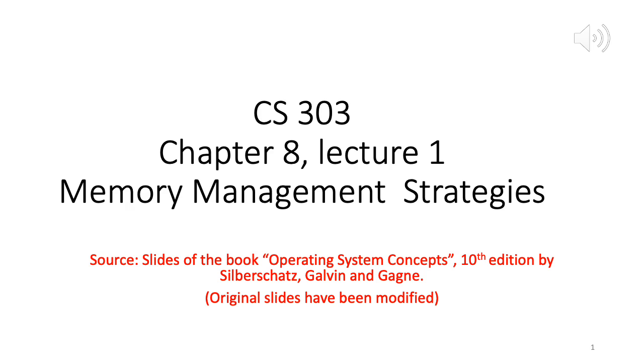Selection of a memory management scheme for a system depends on many factors, especially on the system's hardware design. Most algorithms require some form of hardware support. Many times we'll see that whichever memory management strategy you want to pick, you do need hardware support for that. That is very important.